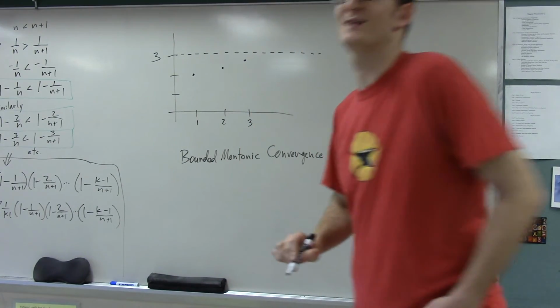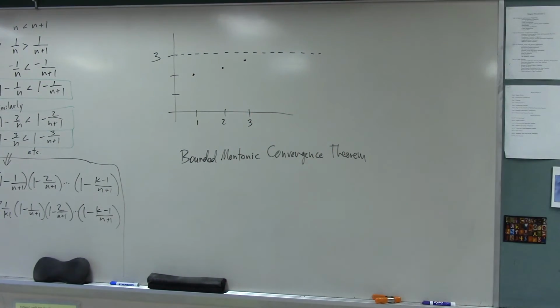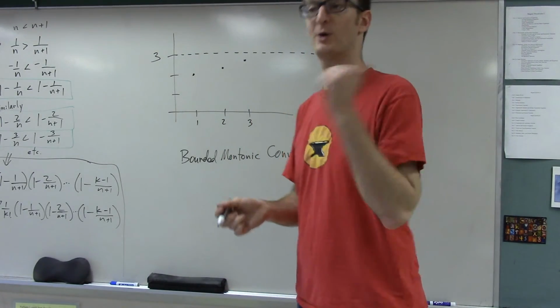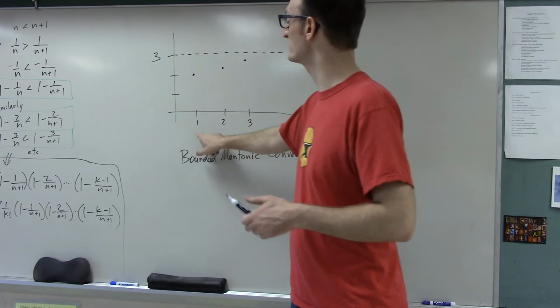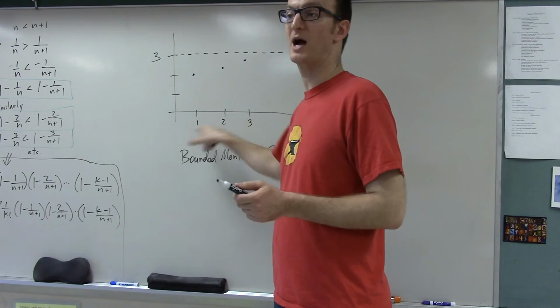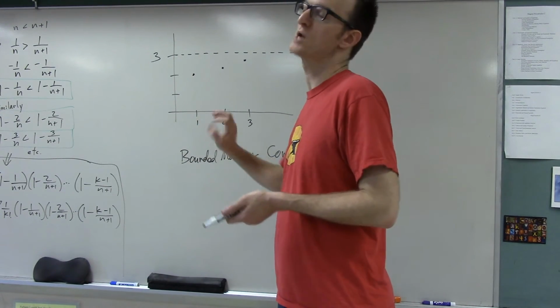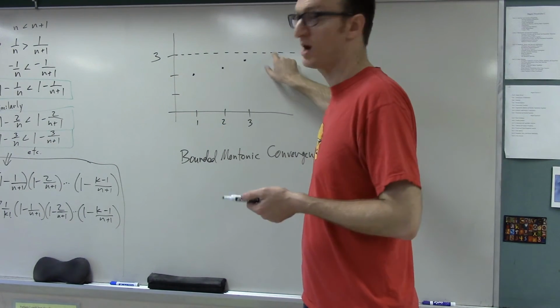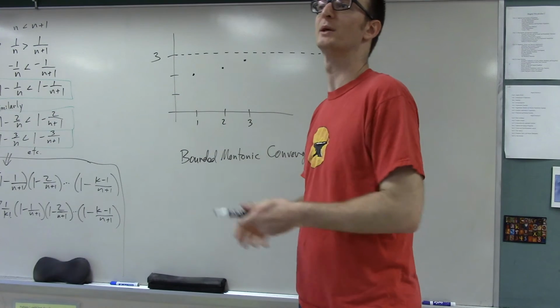What it says is if you have a sequence that is monotonic, which means either non-decreasing or non-increasing, and we just proved this is, and it has an upper bound, then it must have a limit.